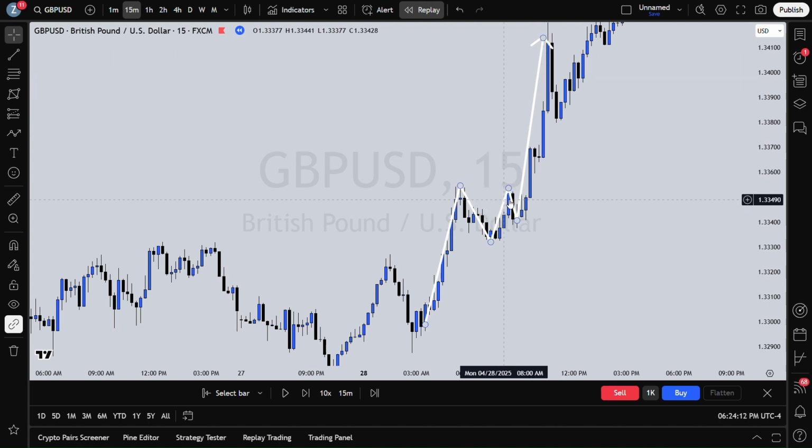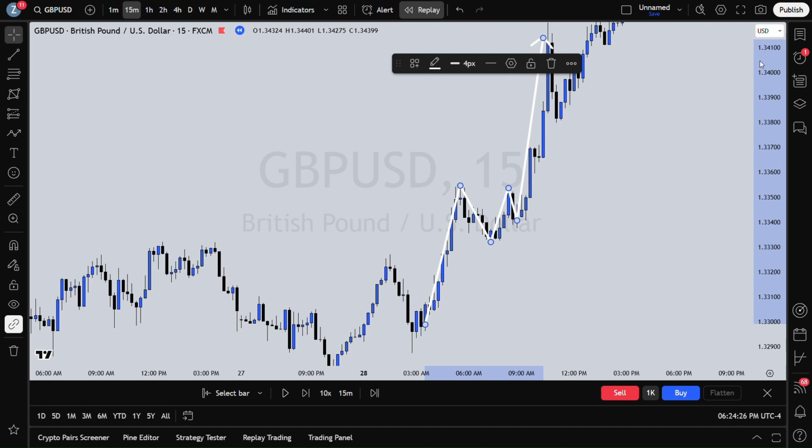So again, it still presents new highs and new lows, and as long as it's not breaking the most recent low, you are in an uptrend. I hope this is making sense.